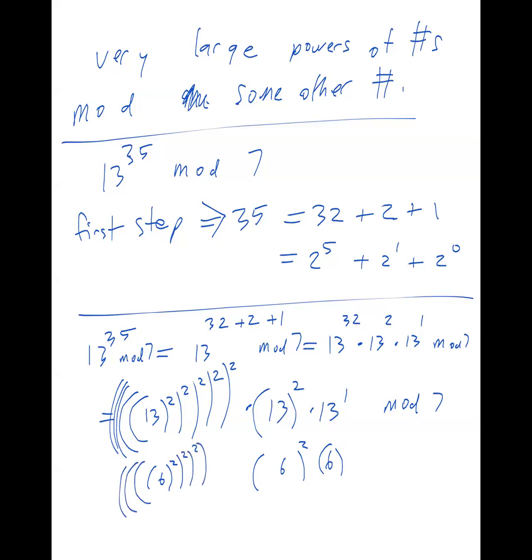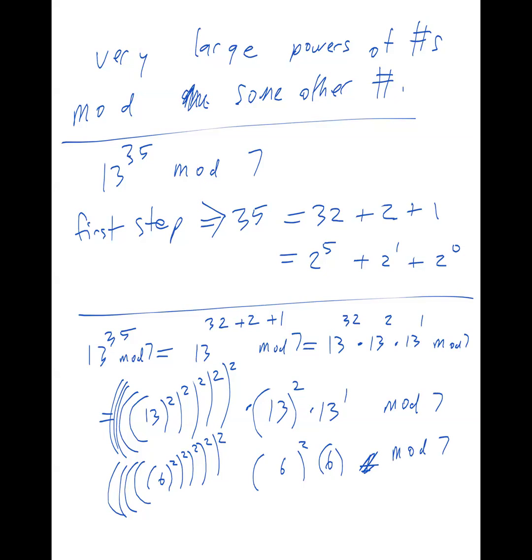Like that. So we get 6 squared. Now let's reduce the 6 squared. What is 6 times 6? Yep, 36. And what is 36 mod 7? So 7 goes into 35, right? So 36 would be one more than that. So the remainder of 36 mod 7 would be 1, right?